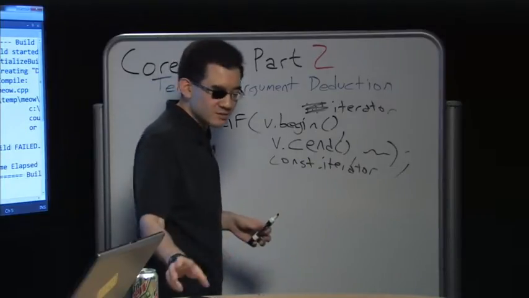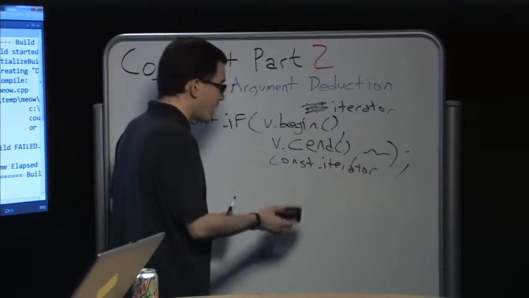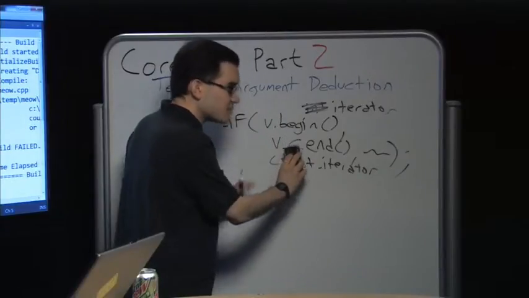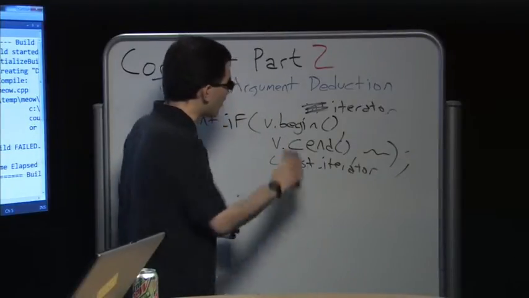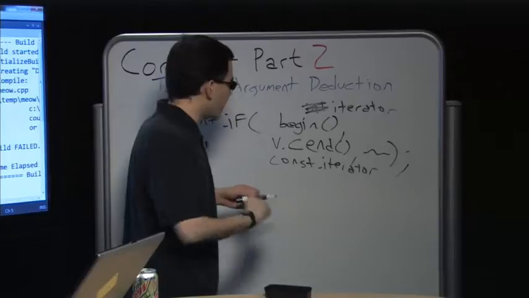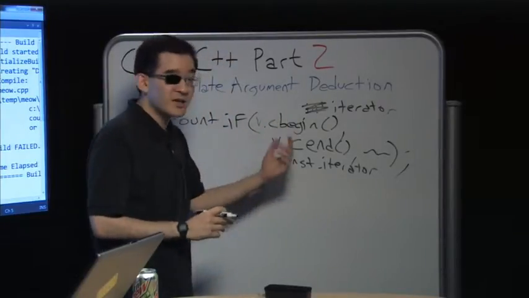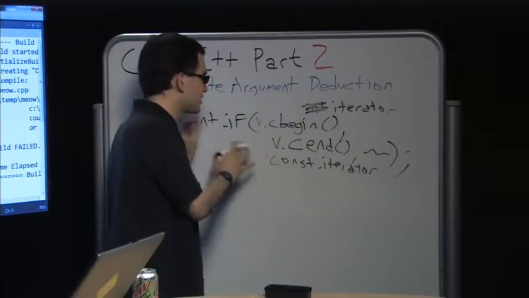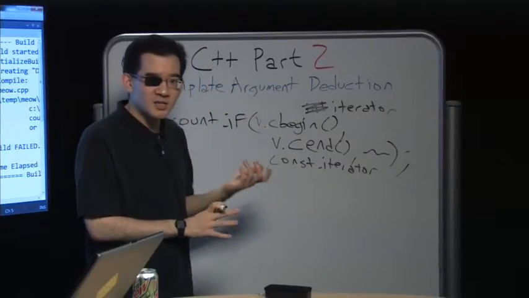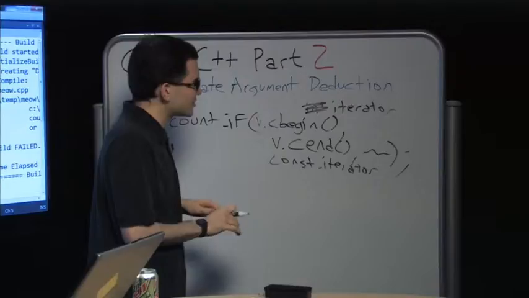If I wanted to make this actually compile, I would need to either say begin and end, making them both modifiable iterators, or I could be very careful and say cbegin and cend to get const iterators to make the types match, because count_if is not interested in modifying the elements, it's just inspecting.